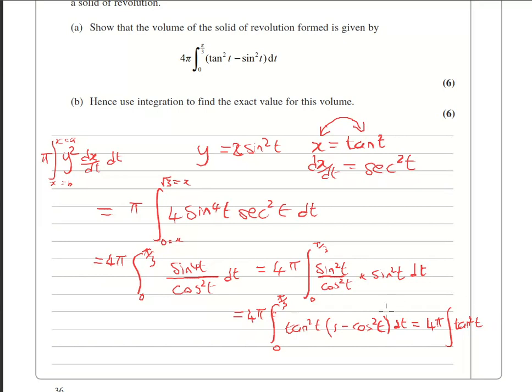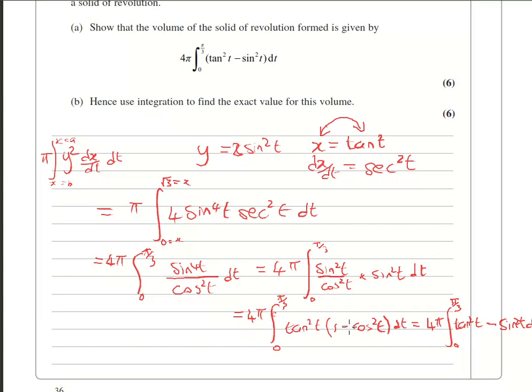But if I times tan squared t by cos squared t, I actually get sine squared t. And so we get this interesting result, that tan squared t times sine squared t equals tan squared t minus sine squared t, which seems somewhat weird, but that's the way it is.